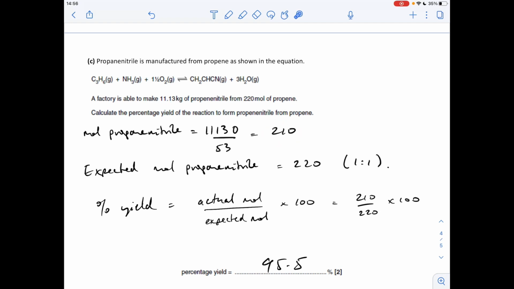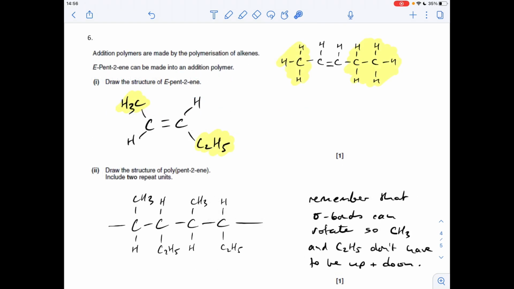So that comes out at 210 moles, and then we know that the expected moles of propane nitrile is going to be 220 from that 1:1 ratio between propene and propane nitrile. So percentage yield, just actual moles over expected times 100, 95.5%.